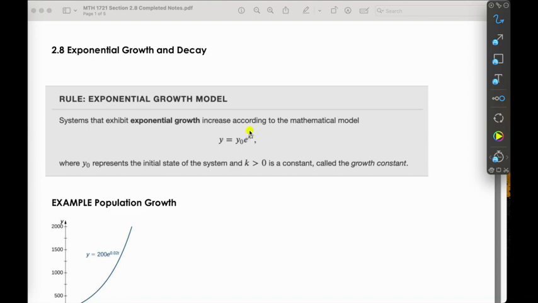K is our rate, or what is also known as the growth constant, and t is the time. Now, when k is positive, it's going to be growing. If k is negative, it's going to be a decay, and it's going to be a decreasing function.